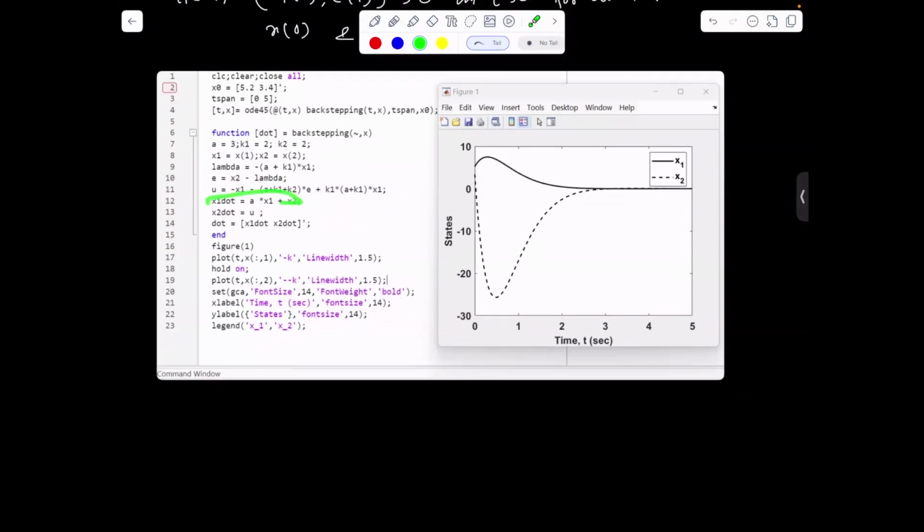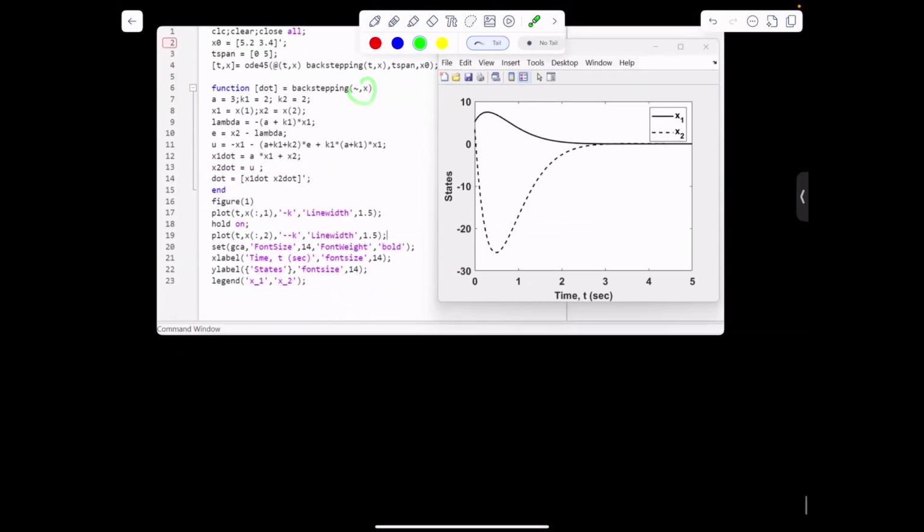This is the x dot dynamics: x1 dynamics, the first equation, and second is the x2 dot dynamics. And these are the variables going to the function. These are the labels to create the figure for this particular example.